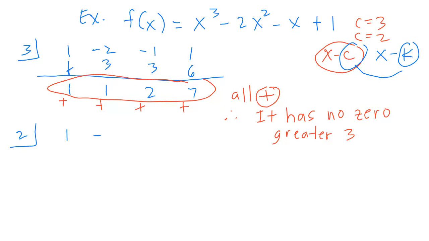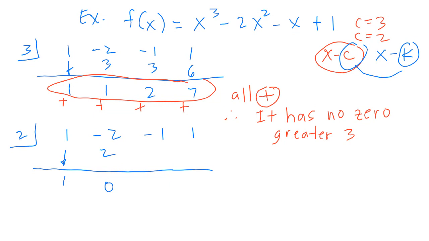Okay, so let's test this from the boundedness theorem. This is letter A that we're trying to apply here. And then we bring down 1 here. 1 times 2, that would be 2. And then adding this, it gives you a 0.